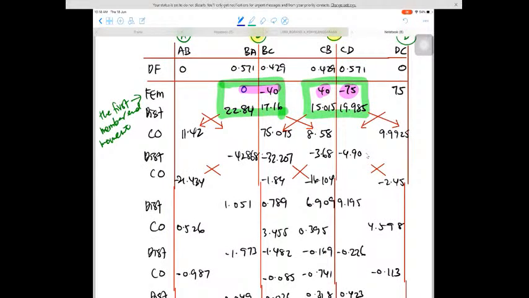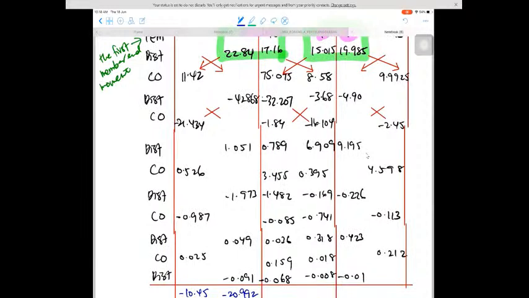Okay, for BC, we start with negative 40 plus 17.16 plus 75.075 minus 32.207 minus 1.84 plus 0.789 plus 3.455 minus 1.482 minus 0.085 plus 0.036 plus 0.159 minus 0.068.